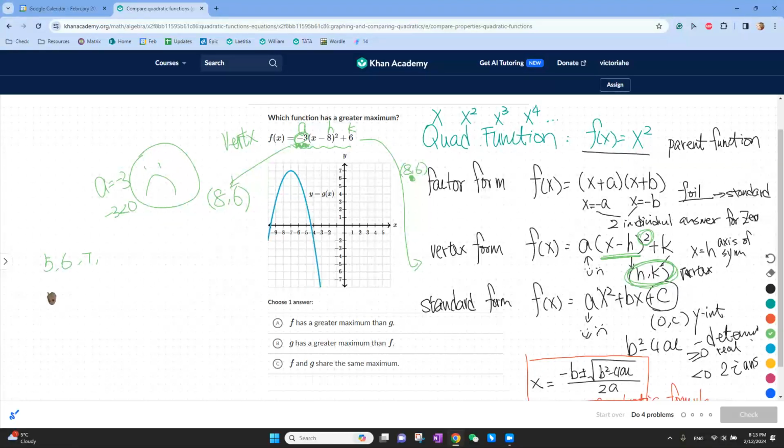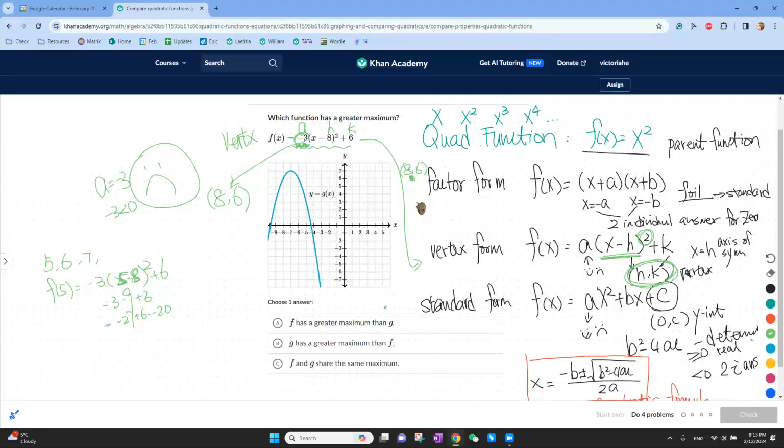So if I plug in 5, f of 5, I'm going to have -3 times 5 minus 8 squared plus 6. And then -3 times 9, which is -27, plus 6, which is -21. So I'm going to have somewhere super far down right there.